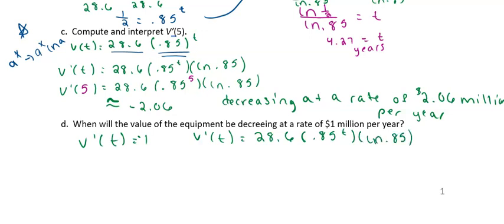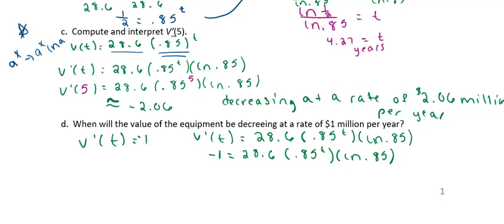So now we're trying to figure out what t value should we use to get us negative 1? It's not asking us what the value is after a time of 1. It's asking us when the value is going to be $1 million decrease. So we're asking when the rate will be decreasing at a rate of $1 million per year.